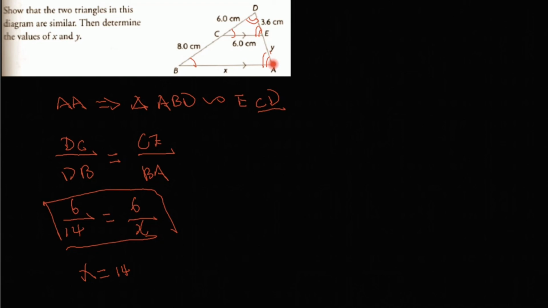Okay, next we solve for y. The y is part of AD, right? So let's set up another proportion. Same thing, we can write DC over DB equals the corresponding side DE over DA.